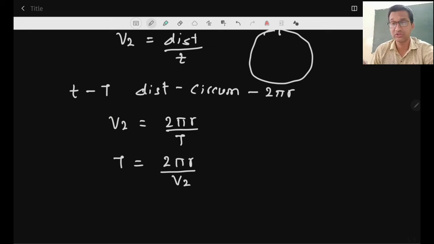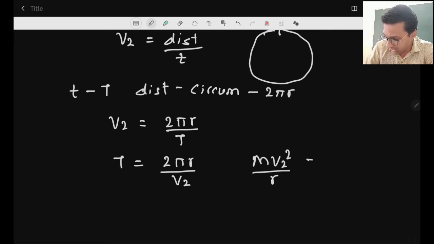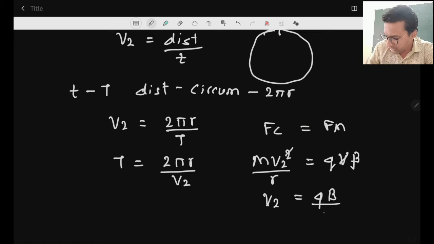Now what is this V2? We have seen from this equation m V2 square by r is equal to q V2 into B. That means centripetal force is equal to magnetic force. So, one power of V2 cancelled, V2 will be qBr divided by m.